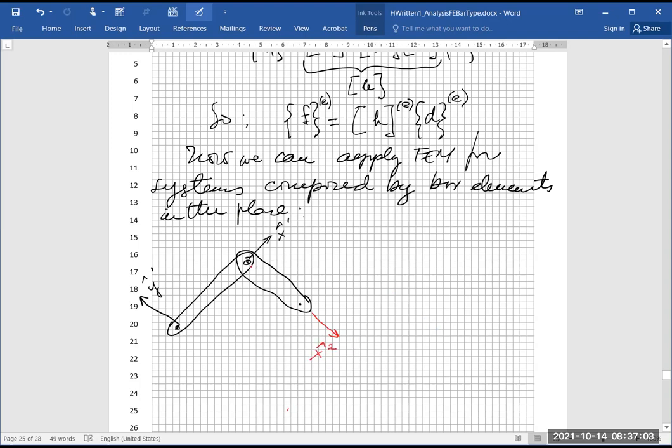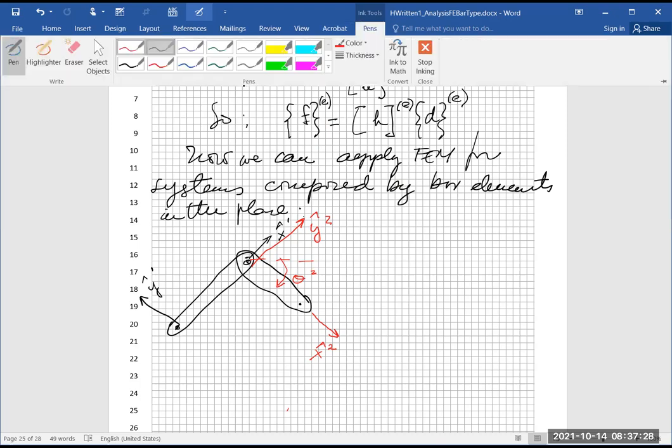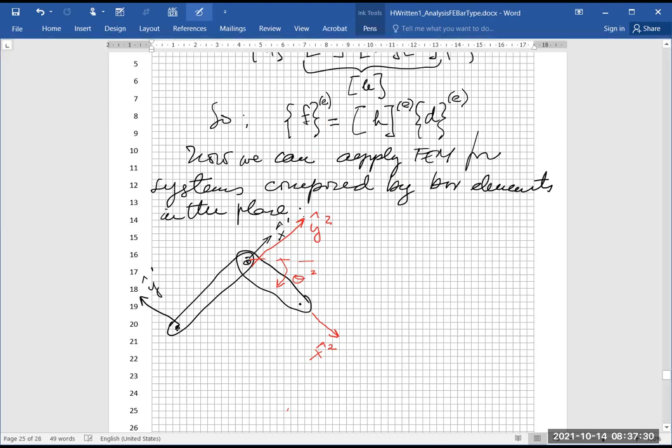And again, this is going to be the Y local direction. So for the second, this is going to be theta for the second element. Let me include this here also to complete this figure.